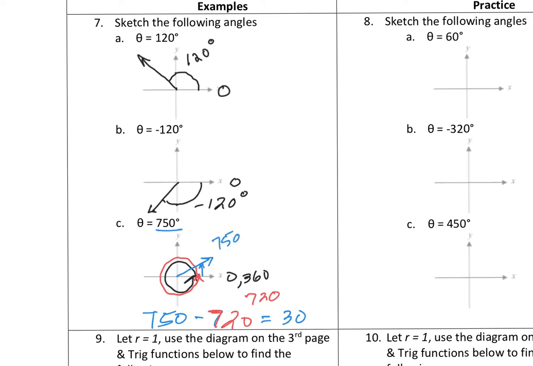So I've just gone around the coordinate system once, twice, and then I went 30 degrees more. That's it. So 750 degrees is really equivalent to 30 degrees, because you're just revolving around twice plus 30 degrees.